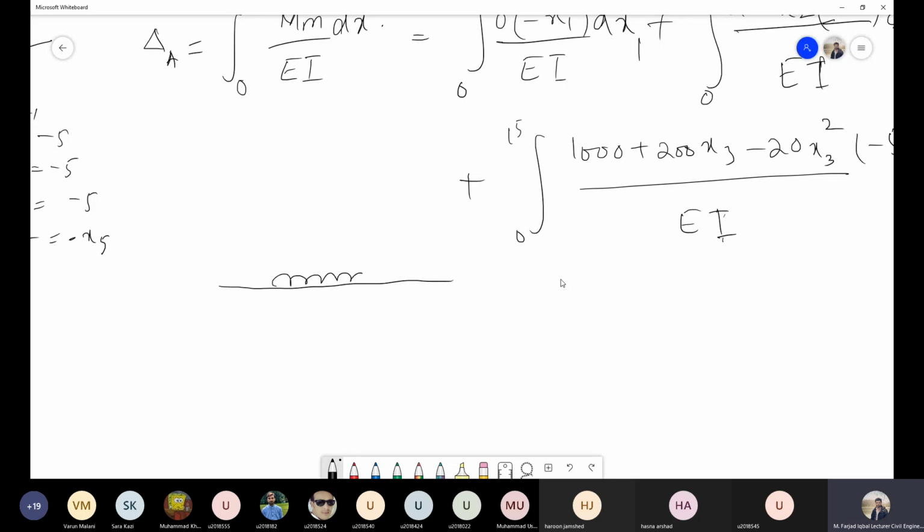This was our member on which this load is acting. The reference point was this end of the UDL, right? And this particular equation for M3 is valid for this section. So can I say that the limits for this one is 0 to 10?